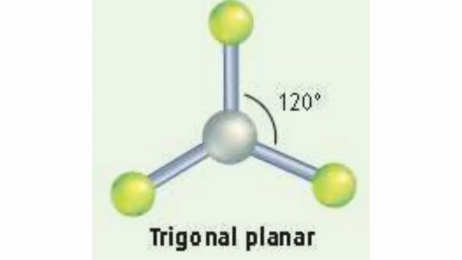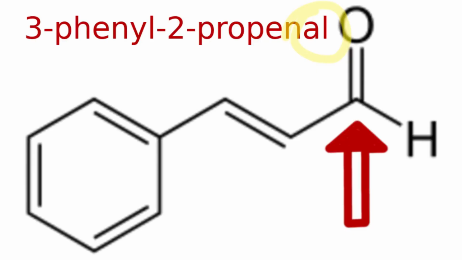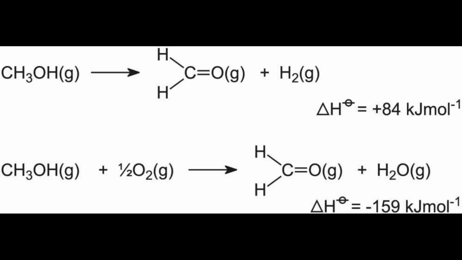The carbonyl group in aldehydes is always found on the end of the chain, and the molecule's name ends with -al. An aldehyde is created from an alcohol, let's say methanol, or CH4O, which is oxidized to form methanal, also called formaldehyde, which has the chemical formula CH2O.